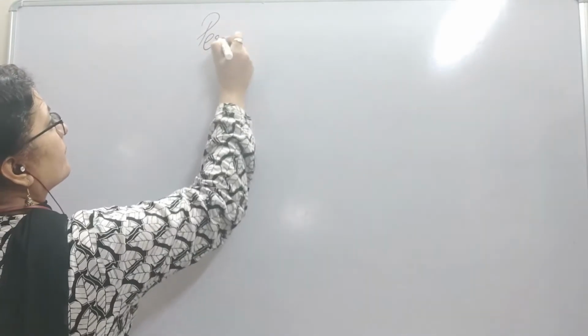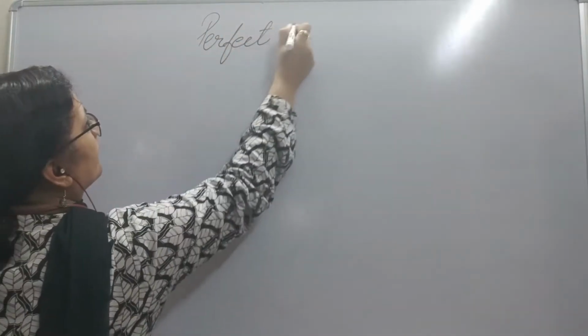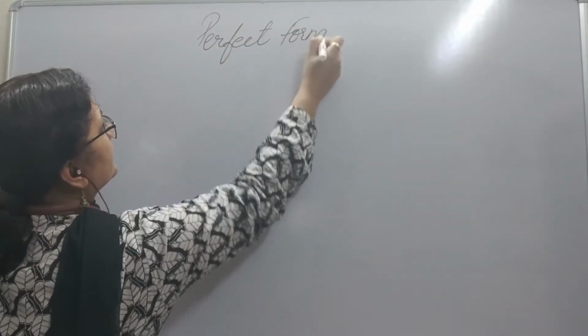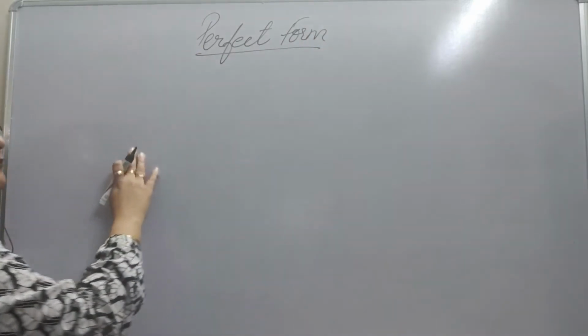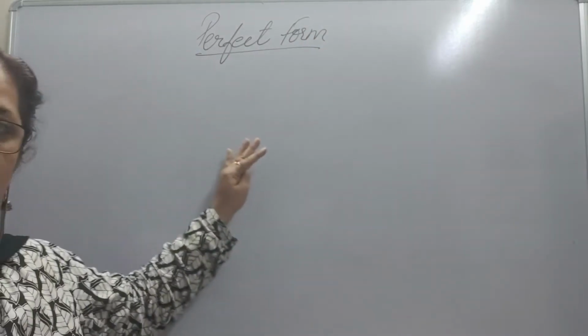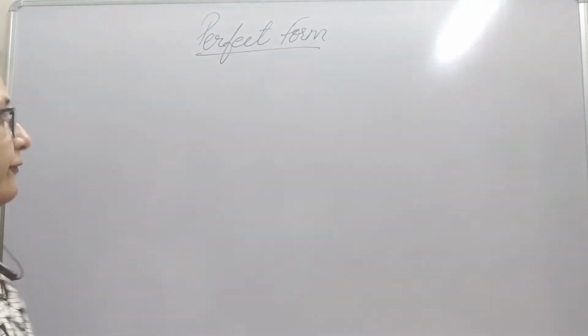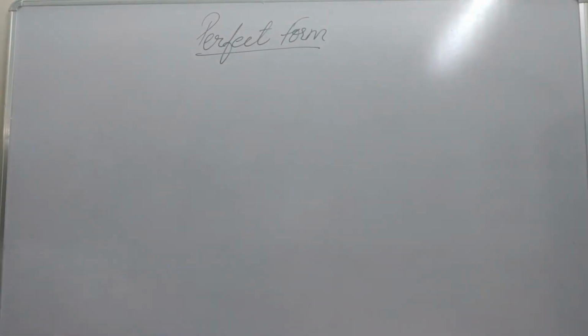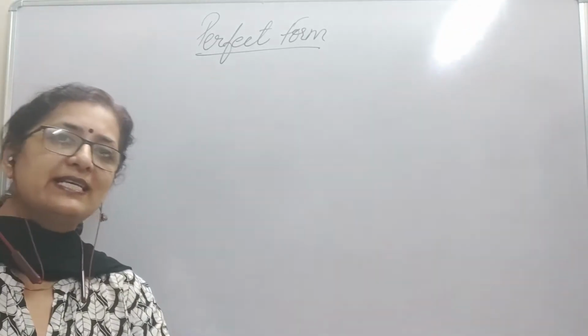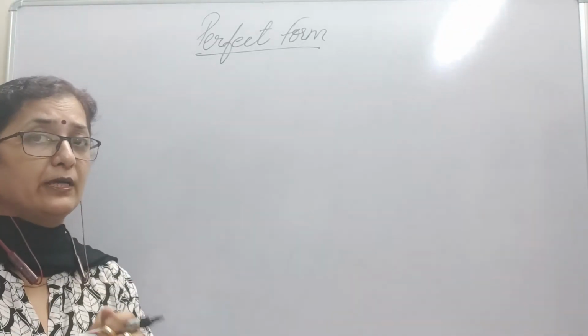So let us begin with the perfect form of the tenses. Again, as per the different kinds of tenses, we'll be having the past perfect form, the present perfect form and the future perfect form. To begin with, let me just brief you on what exactly we mean by perfect.